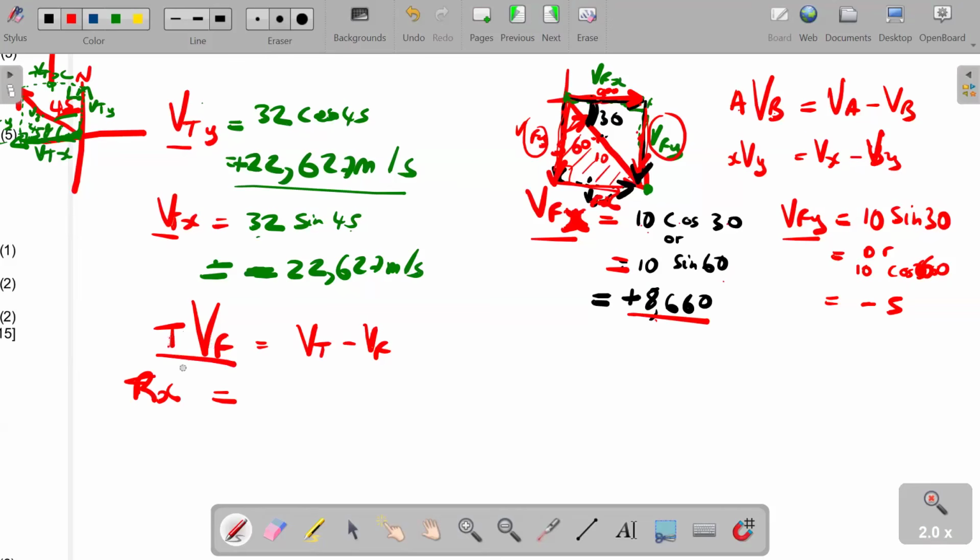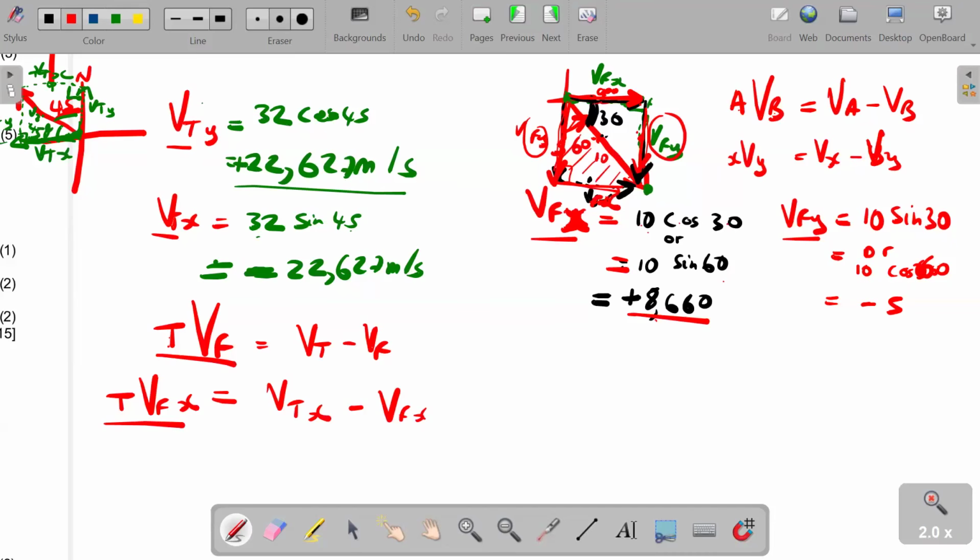So for it not to be confusing, let us call it the velocity of the torpedo relative to the freighter, x, the horizontal component of it. It's going to be given by Vtx minus VFX, right? There we are.